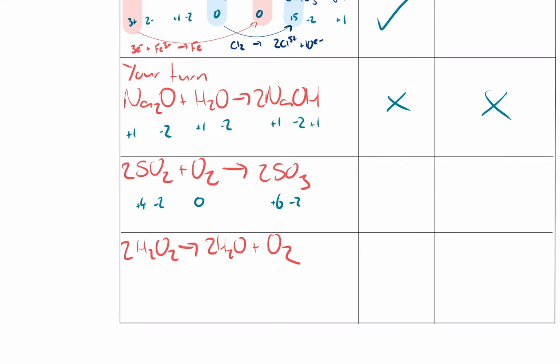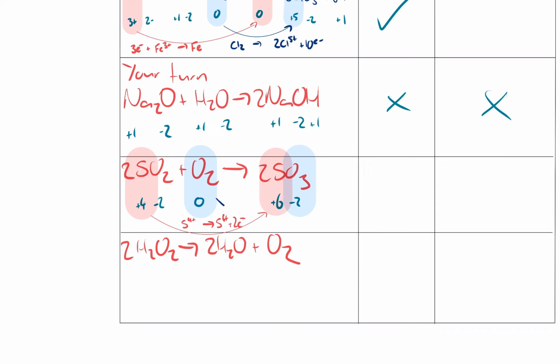Hopefully we can see stuff going on here. So we've got a change here, and we've got a change here. Perfect. So moving between these two, we've gone from S4+ to S6+ plus 2e-, in order for that to happen.